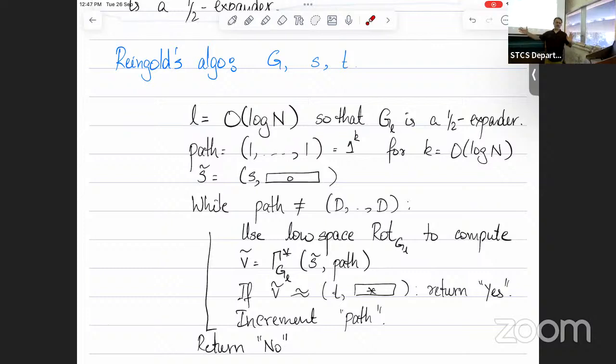You look at all paths of length K. This should be D squared probably, because this is a D squared regular graph. So you run through all paths until that point and see if you have found anything in the cloud of T. If you found something in the cloud of T, you accept. Otherwise, you just move on to the next path. If after enumerating all of these paths, you still didn't find the cloud of T, then you basically say, okay, T is not reachable.